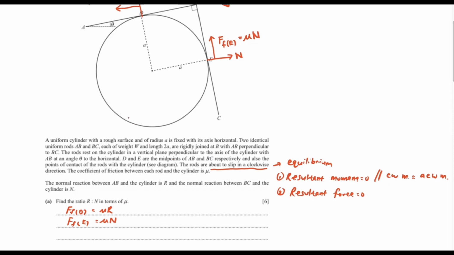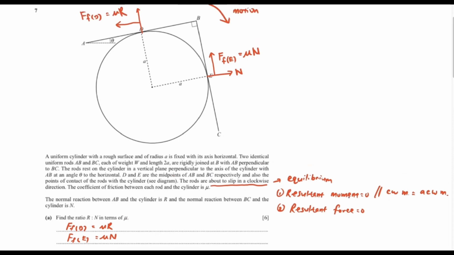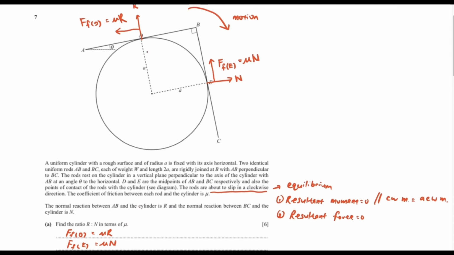Now let's say I start with moment first. So for moment, let's say the motion is like this, and let's see the forces that act. I just put all the forces. We have W, the weight of the uniform rod AB, acting downward.